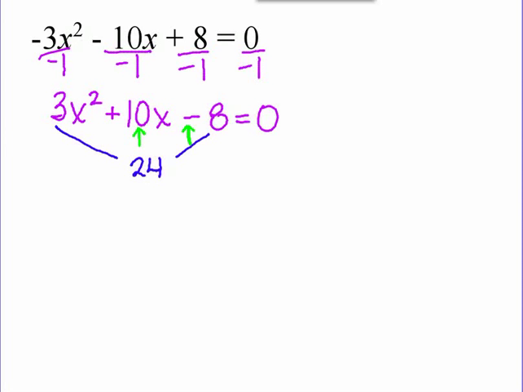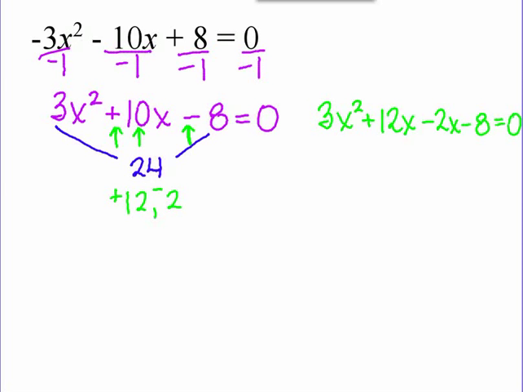What are they? 12 and 2. Good. How do you get a positive 10? Negative 2, positive 12. Excellent. So you have 3x squared plus 12x minus 2x minus 8 equals 0.